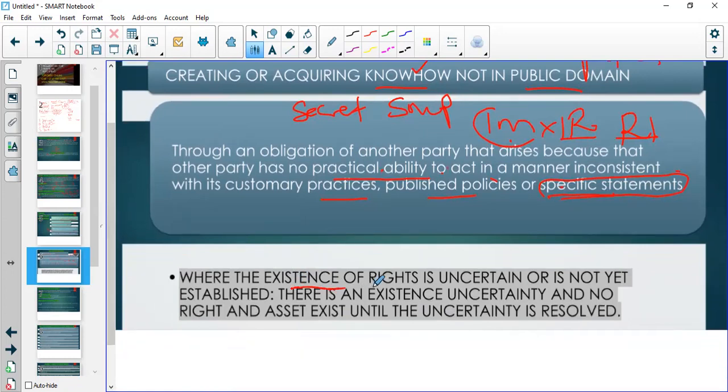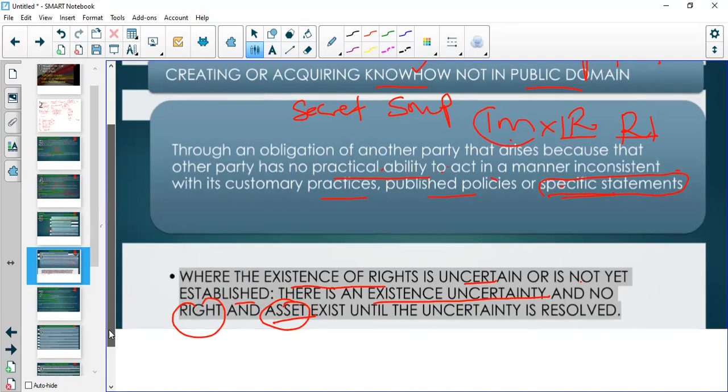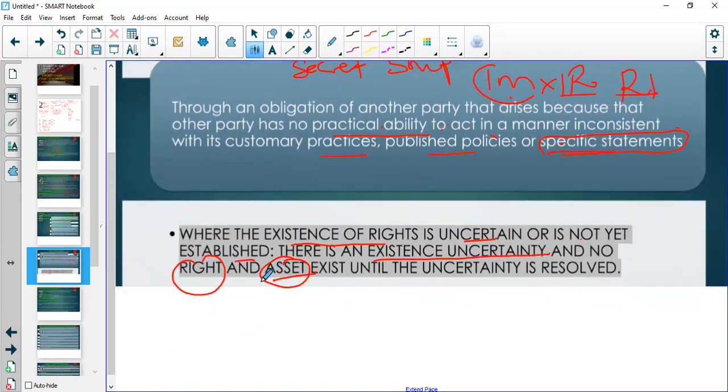Where the existence of rights is uncertain or is not yet established, there is what we refer to as an existence uncertainty. Because there is an existence uncertainty, we're not sure whether we actually do have a right, and as a result, we cannot say a right exists. When a right does not exist, then the asset does not exist as well. So what we might recognize is what we refer to as a contingent asset.